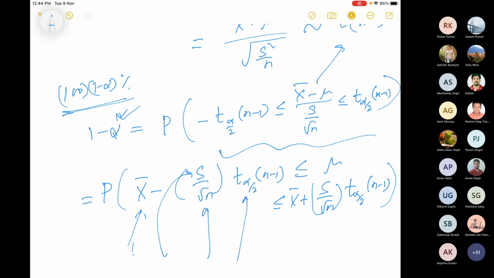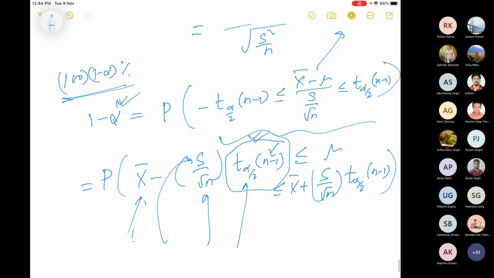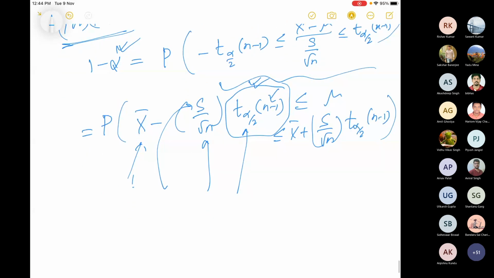Then n is also given to me, so n-1, I know the degrees of freedom. Then from the table of the t distribution, I can find the value here. t alpha by 2 means on the right-hand side the area is alpha by 2. So everything is known, and hence I can find the confidence interval. I'm not solving any problem, but anyway, it can be done.